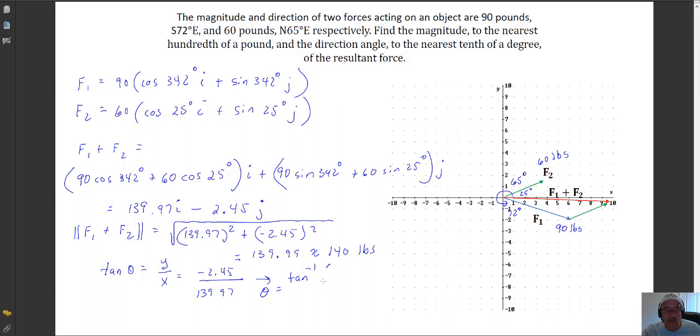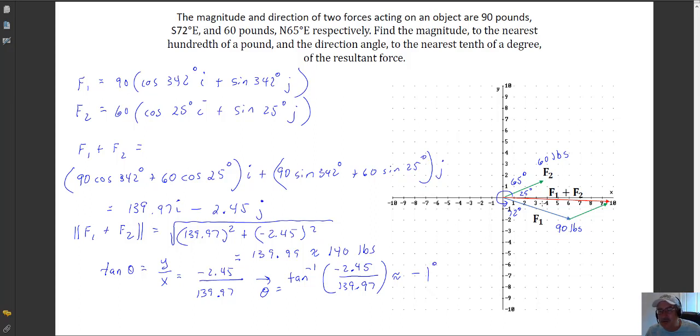So it would be the inverse tangent of negative 2.45 over 139.97. Sorry, that decimal doesn't look real good over here. Let me fix that. All right, so what I ended up with is approximately negative 1 degree in there.